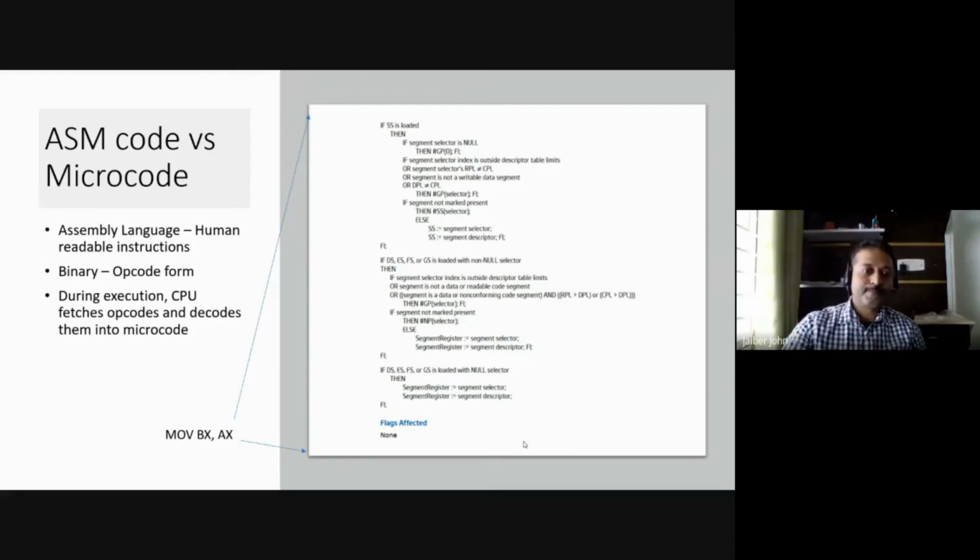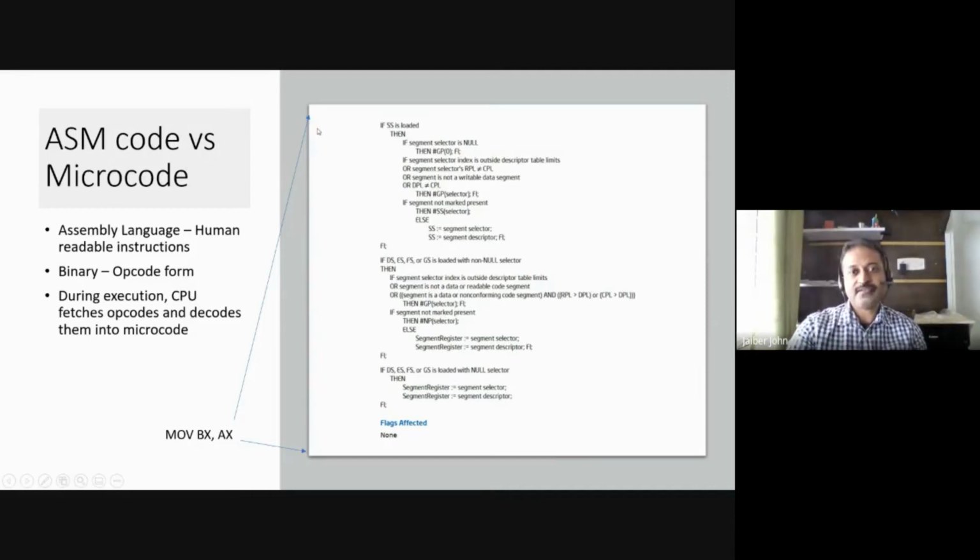And here I'm showing one very simple looking instruction, mov between two registers, but actually it expands into this huge algorithm. It may be surprising to you. This snippet I took from the SDM document, where each instruction is explained in detail, and they also explain what happens when you execute this.